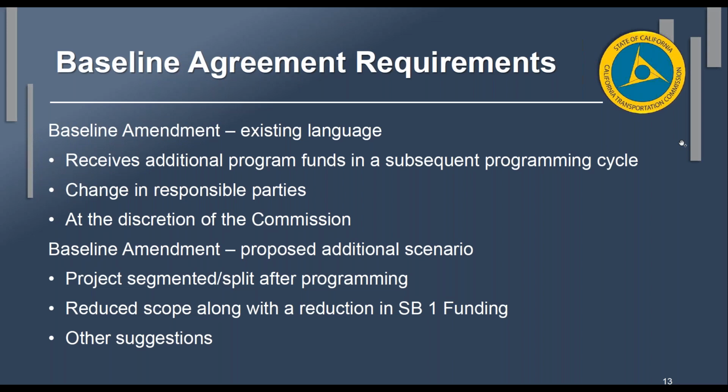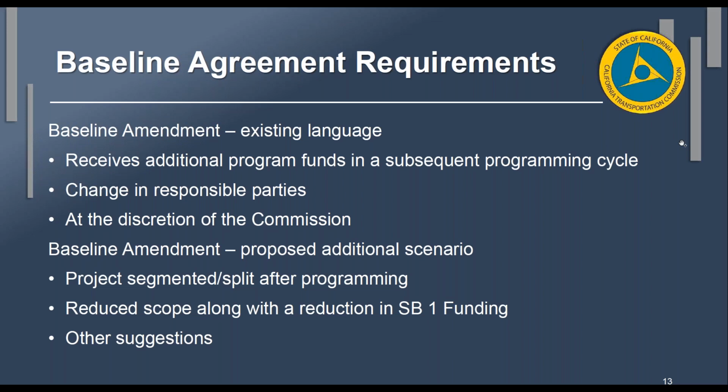And then if there's a change in responsible parties that were not a party to the original project, this would be like adding a new party. And then of course, we want to keep the language that says a baseline amendment would be at the discretion of the commission.